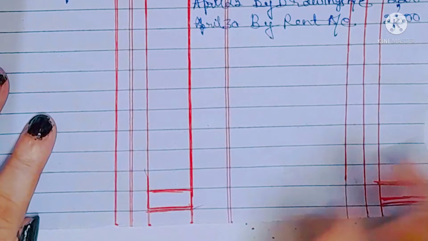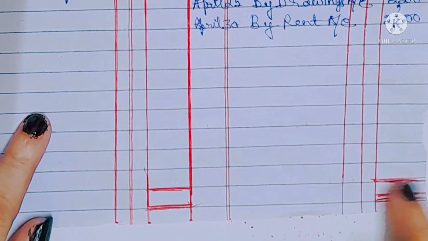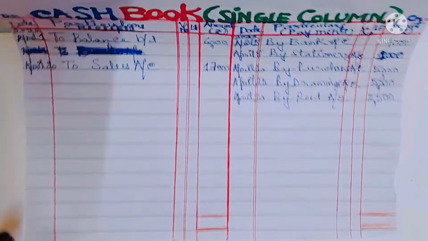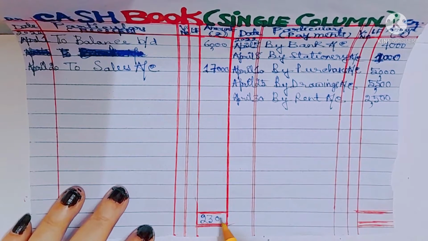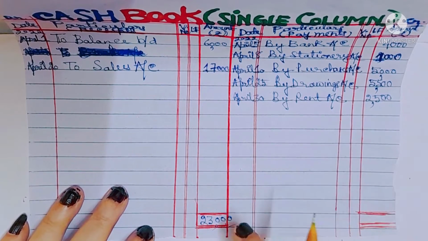Understood? We'll have to calculate the total of the debit column and the total of the credit column. So let's do it. The total of the debit column is 23,000 and the total of the credit column is 21,000. The rule is whichever is greater, we have to write on both sides.